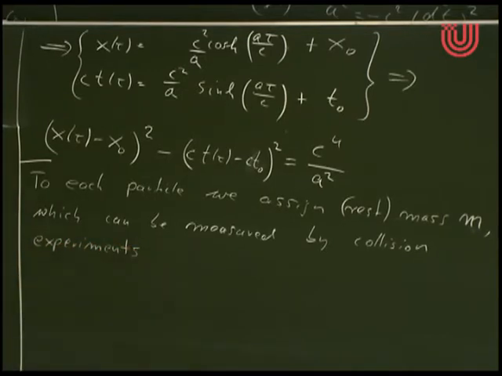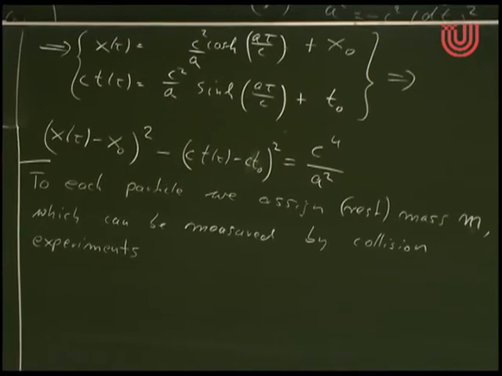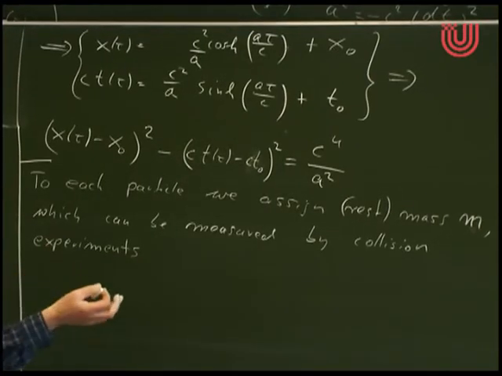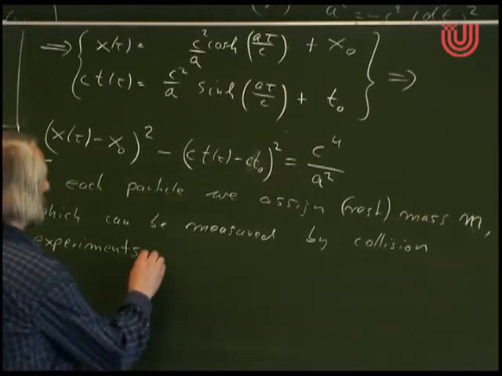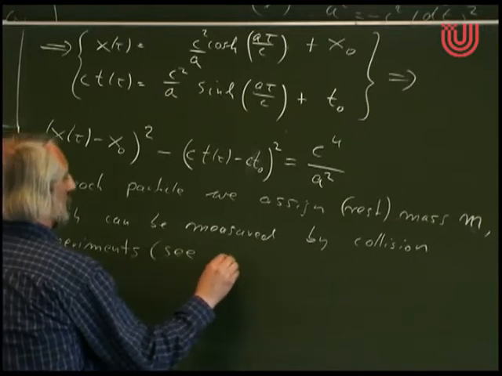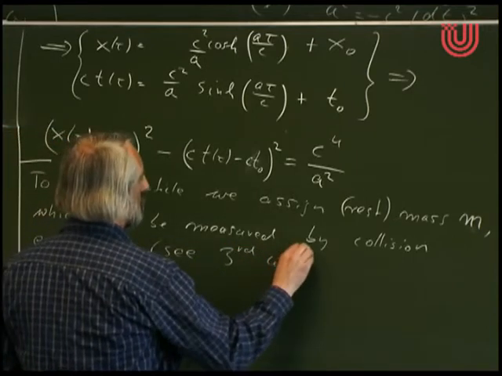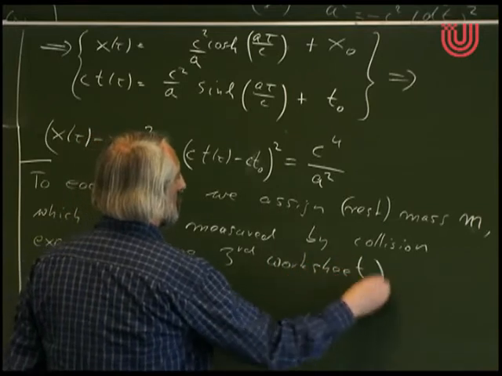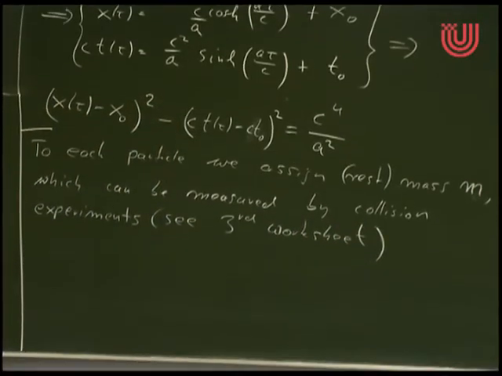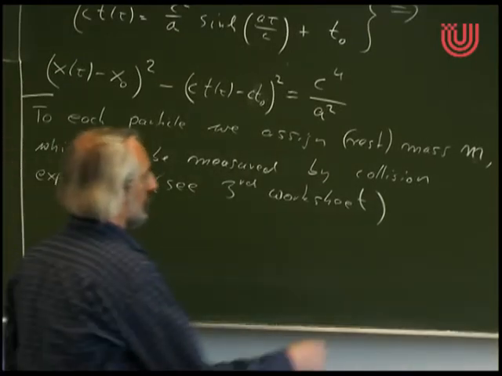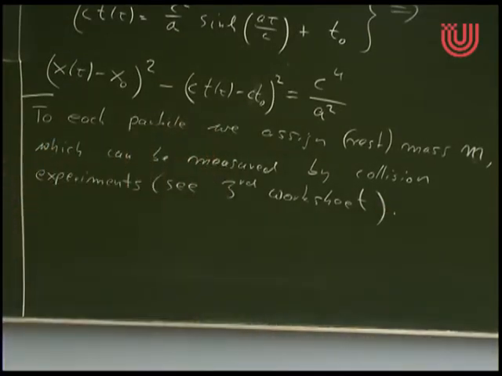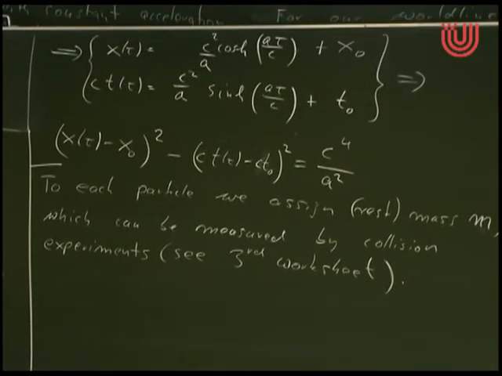If we have a particle with a known mass, which we call our standard mass, and we let it collide with another particle, then we can deduce from the observed world lines the mass of the unknown particle. So it's really a measurable quantity. I leave this question open for a moment. For now, we just assign this parameter to the particle, and we talk about the measurability later.